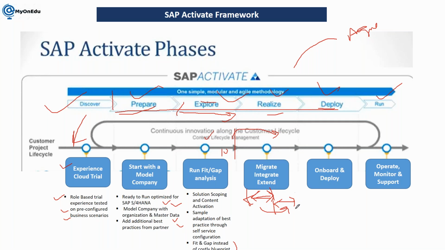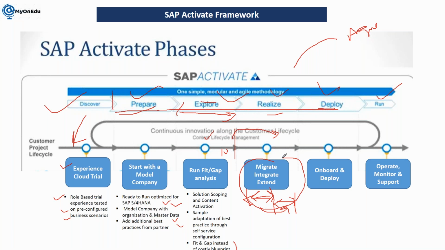A sprint is basically a period of 21 to 30 days where we need to perform all these activities to finish the work mentioned here. So in realization we are using sprints.